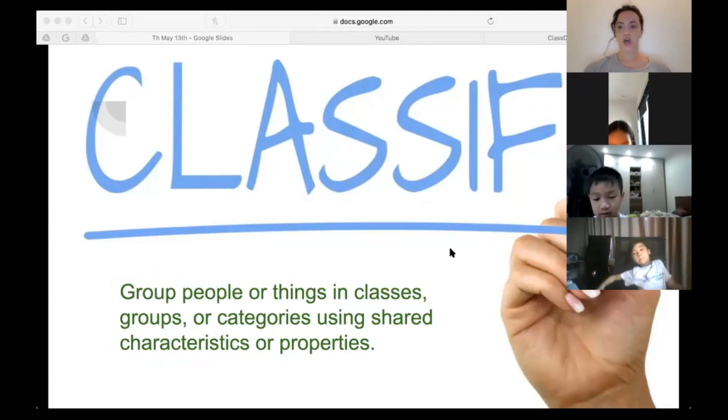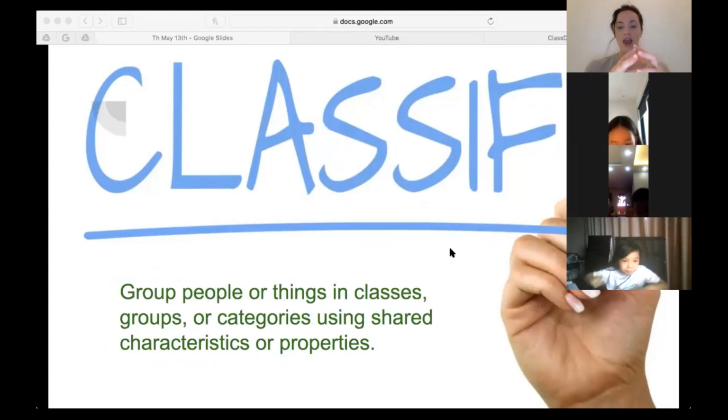Very good. So grouping people or things into classes or groups using their shared characteristics or properties, putting them in groups based on things they share.